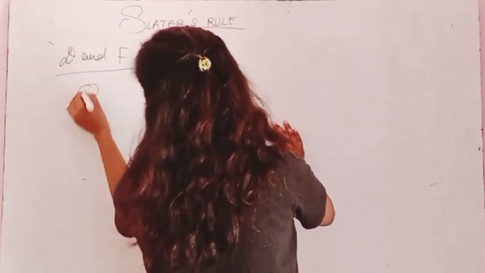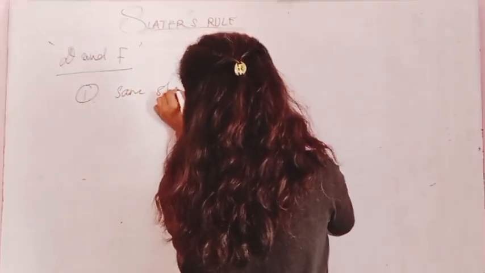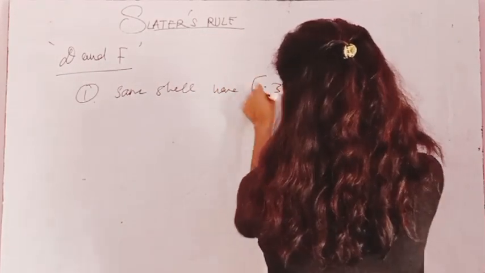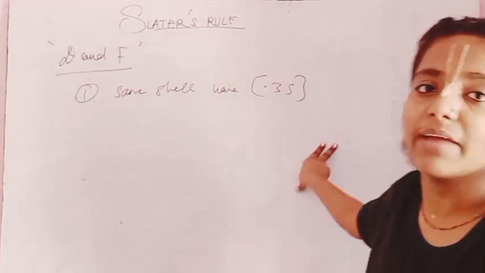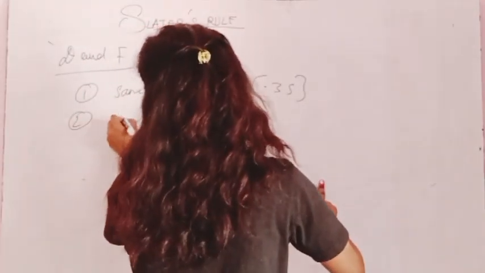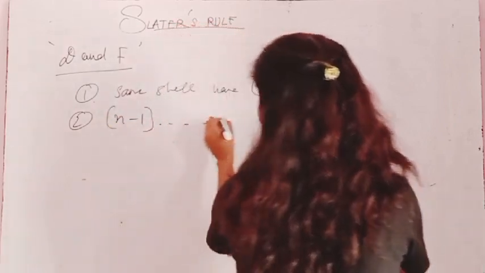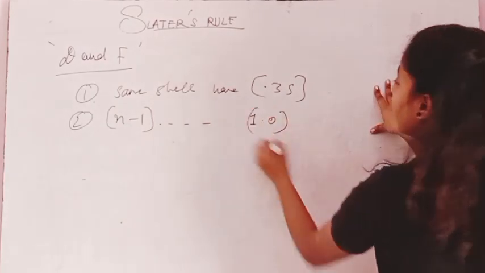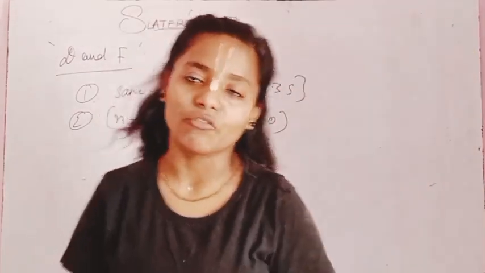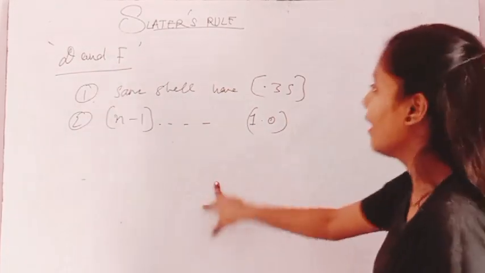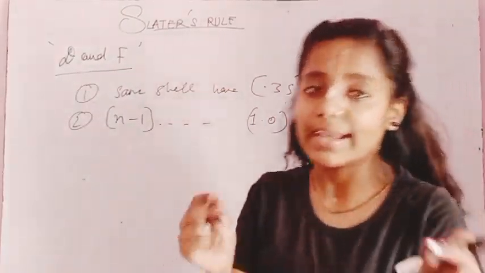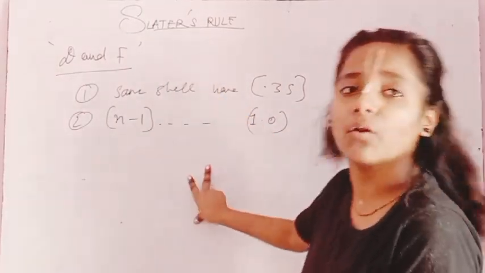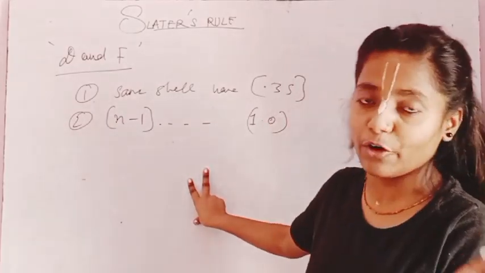The first one which is required, the same shell, has a contribution of 0.35. Second is n-1 and so on, which have 1.0, or 1 unit of contribution. अब you will say यहाँ पे 0.85 नहीं है. Yes, that's the difference between your D and F blocks for finding sigma according to your Slater rule, and your S and P.